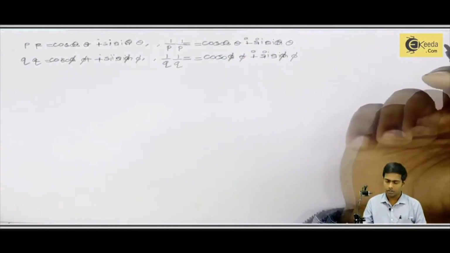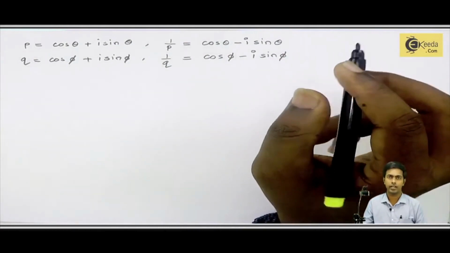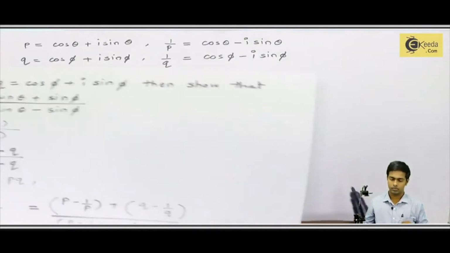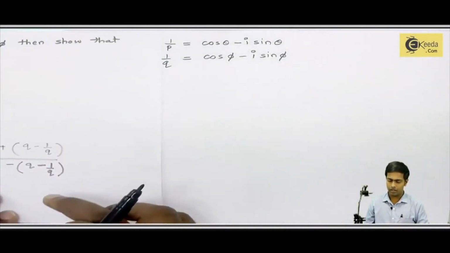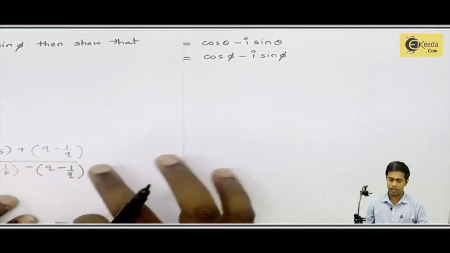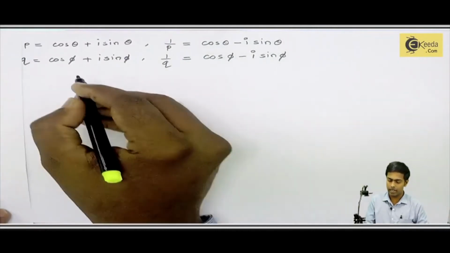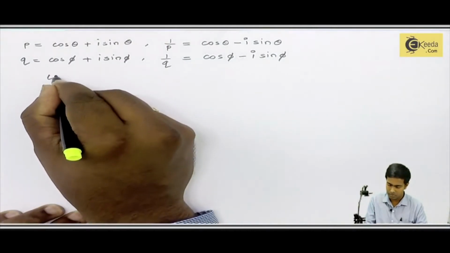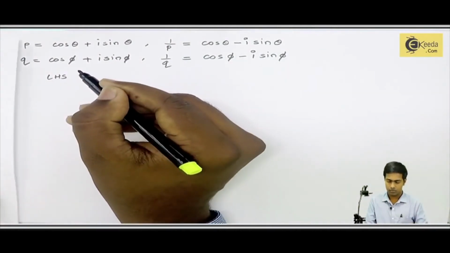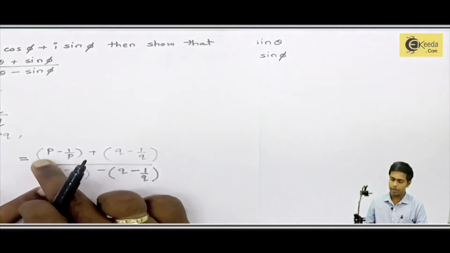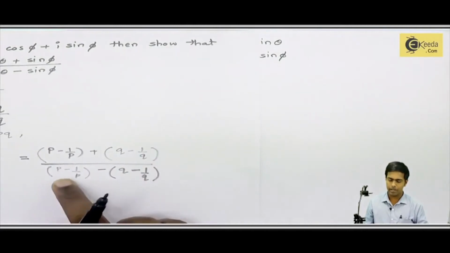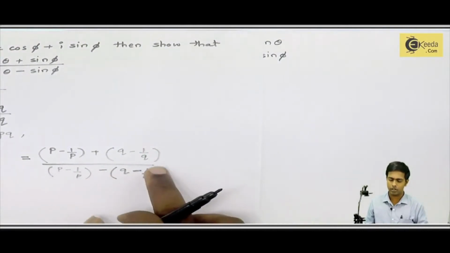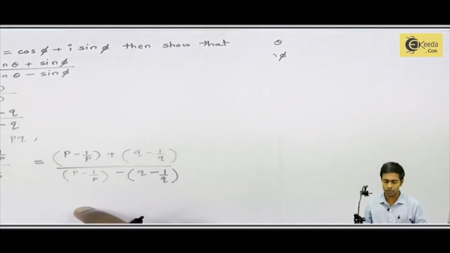Now let's refer to the previous slide. So here we had left our sum at this step, so I'll continue from this step. So LHS was P minus 1 upon P plus Q minus 1 upon Q, upon P minus 1 upon P minus Q minus 1 upon Q. I'll write all the terms.